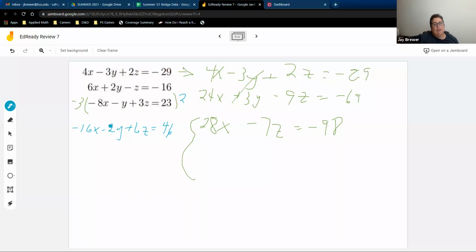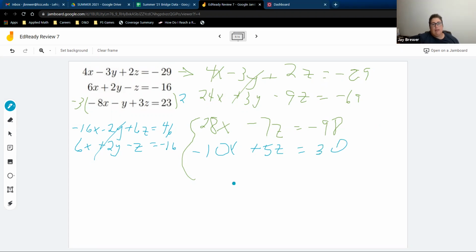Okay, now I'm going to bring down equation 2. So that's 6x plus 2y minus z equals negative 16. Y's cancel. We're left with negative 10x plus 5z equals 30.